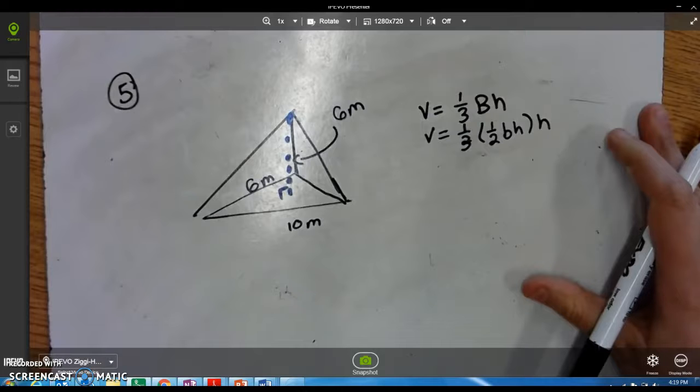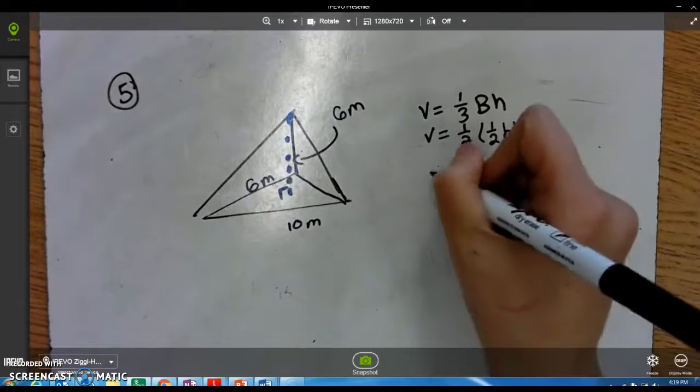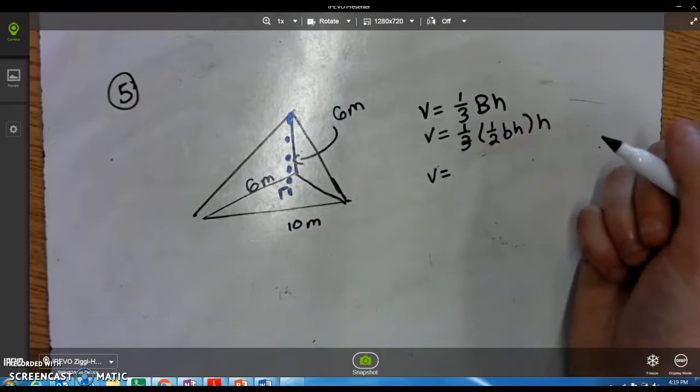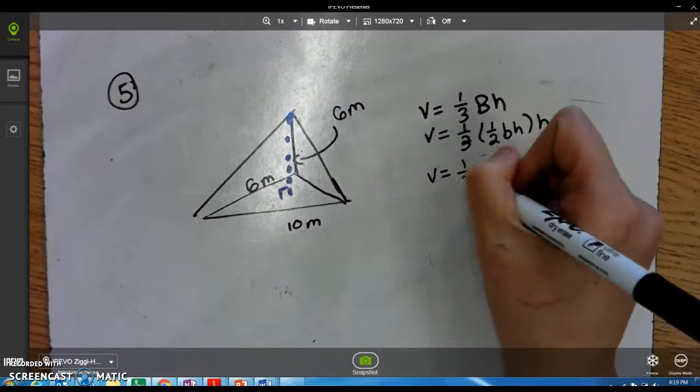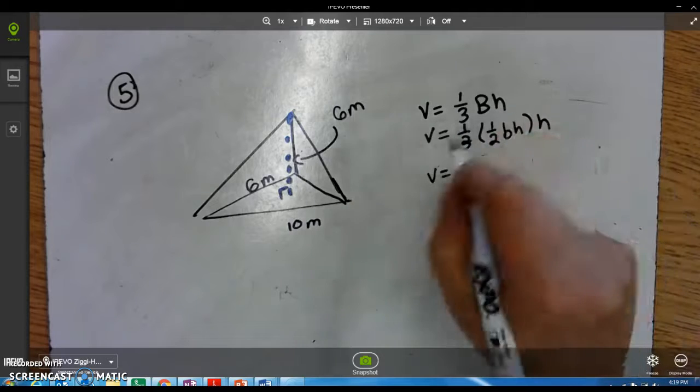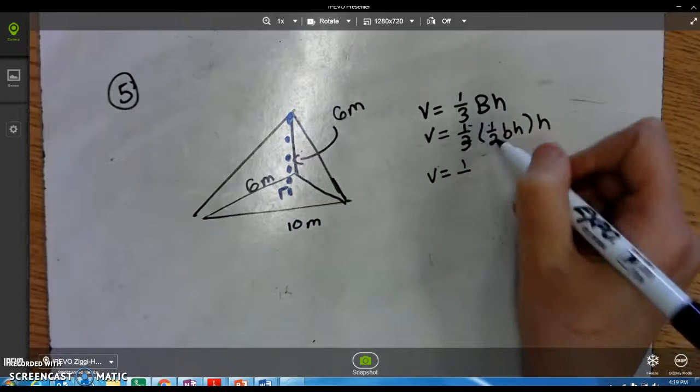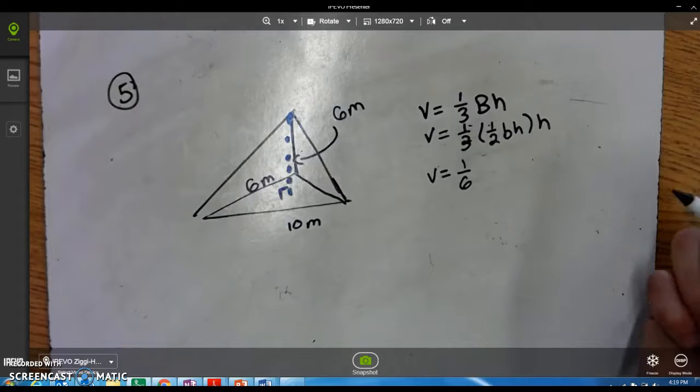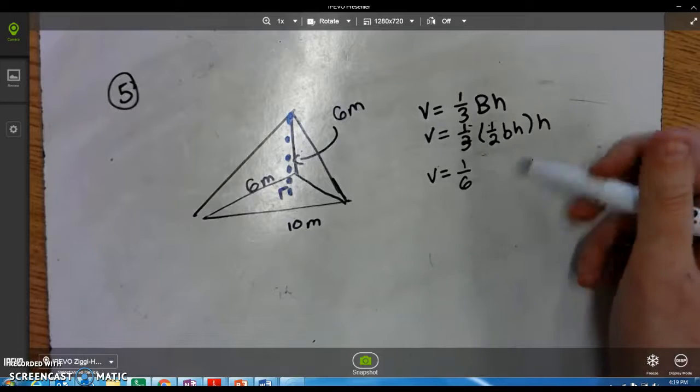Once I change it, I'm going to start plugging in. So 1/3 times 1/2. Top times top is 1, bottom times bottom is 6. Makes it easier when you plug in the calculator because you don't have to do the fraction button once.